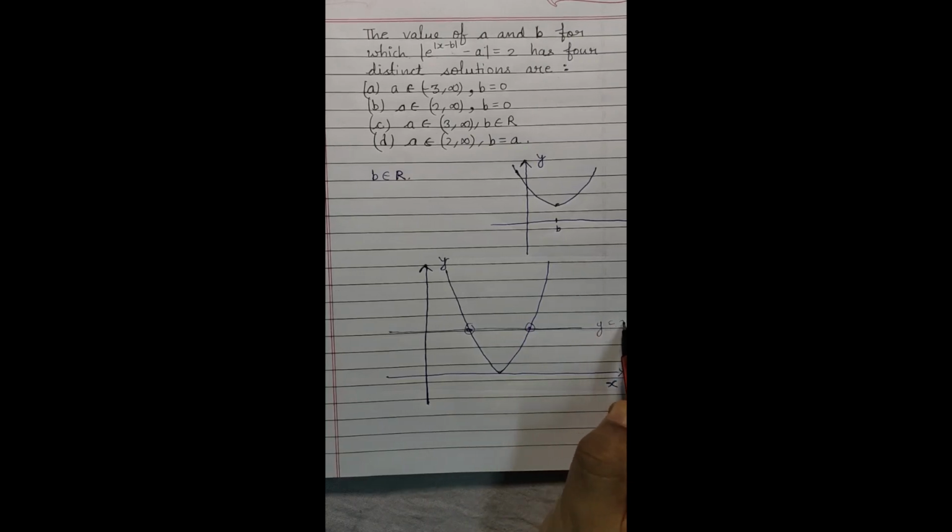This is y is equal to 2. So a cannot be equal to 1. In order to get 4 distinct solutions, I need to increase the value of a.